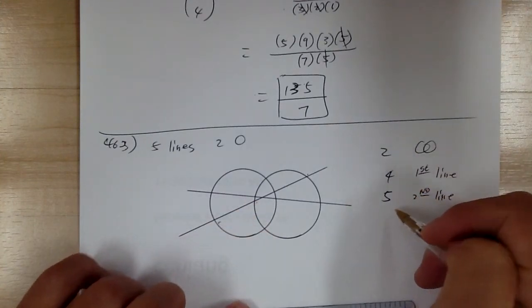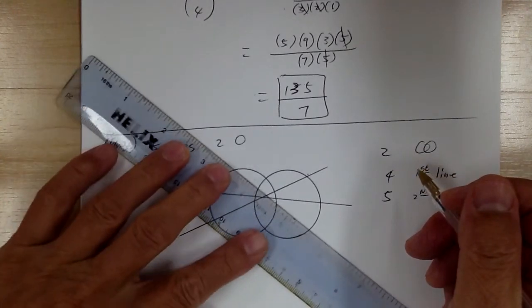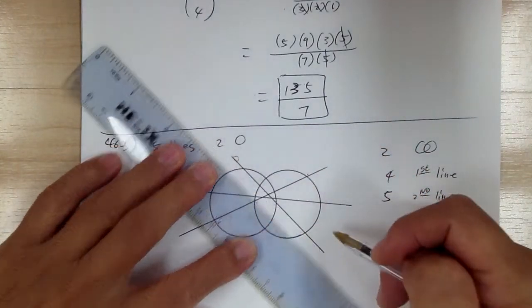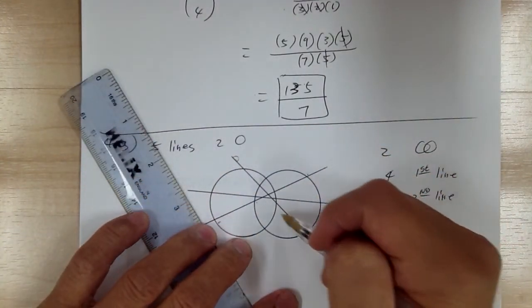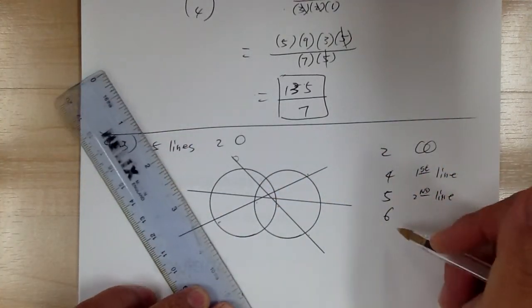And it's going to be the same thing. So the next line, you can go like this. So notice it will intersect the circles 4 times with the 2 lines. So it'll be 6. So you can see the pattern.